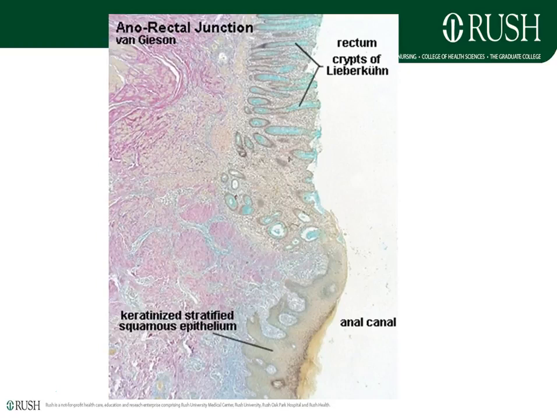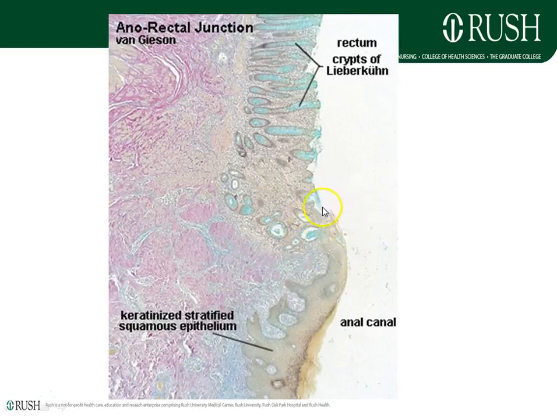This is a really nice longitudinal section through this rectal anal junction. So at the top of this image, you can see colonic glands in the rectum. And then here you see that abrupt transition in the epithelium.